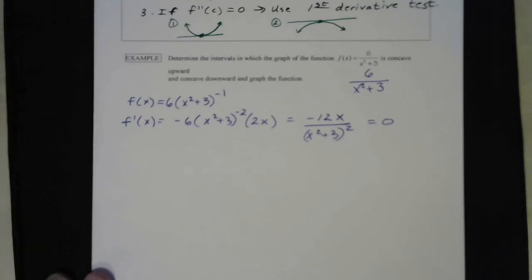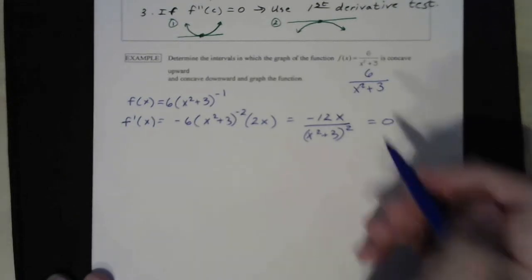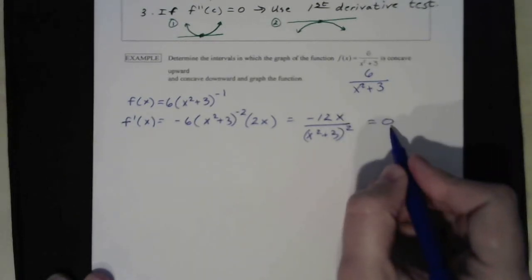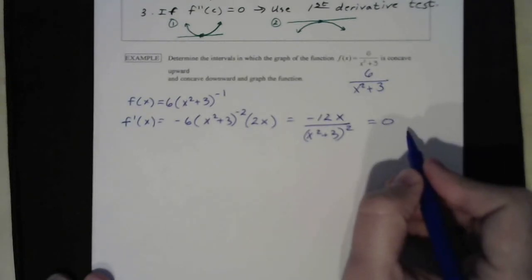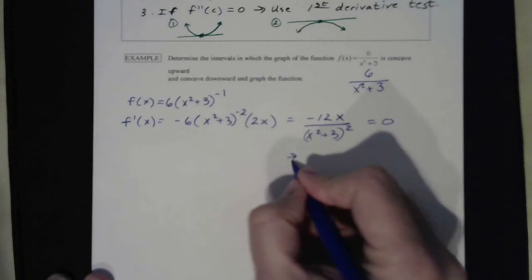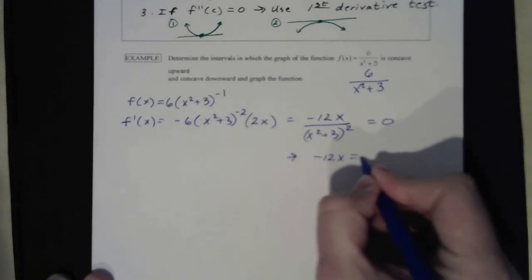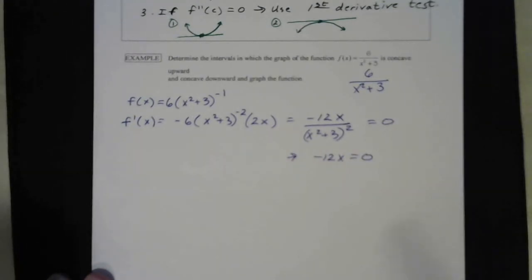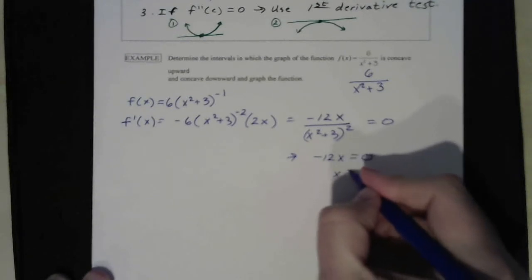You're always going to be finding your critical numbers because your maxes and your mins occur at those critical numbers. So whether you're using first derivative or second derivative tests, you have to find your criticals. In this fraction, the only time that the fraction can equal 0 is when the numerator equals 0. So we have negative 12x equals 0, or x equals 0.